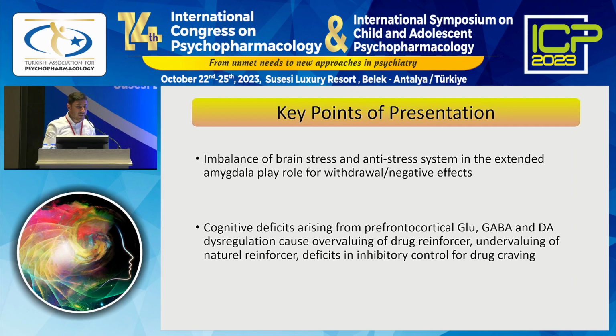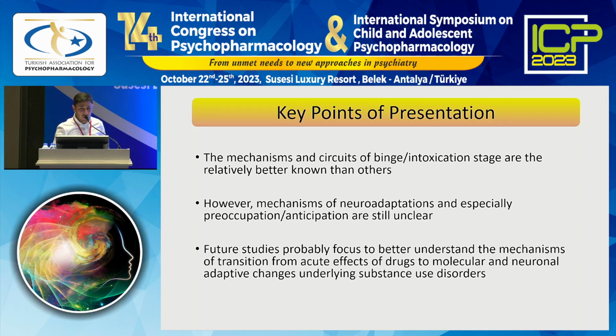An impaired stress and anti-stress balance in the brain would be a significant problem. Also, in terms of craving for drugs, cognitive deficits are considered an important part. Therefore, the prefrontal cortex and executive functions are to be controlled by subcortical areas of the brain.